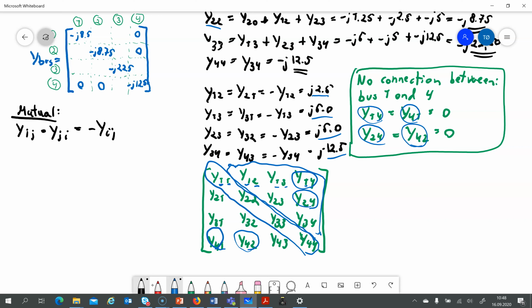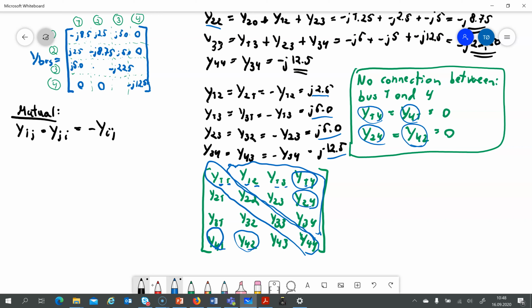The 1 2 element is j2.5, then j5.0, and then j2.5 again. A little bit of not so good space here, but you can also see in the MATLAB example how this will be developed.